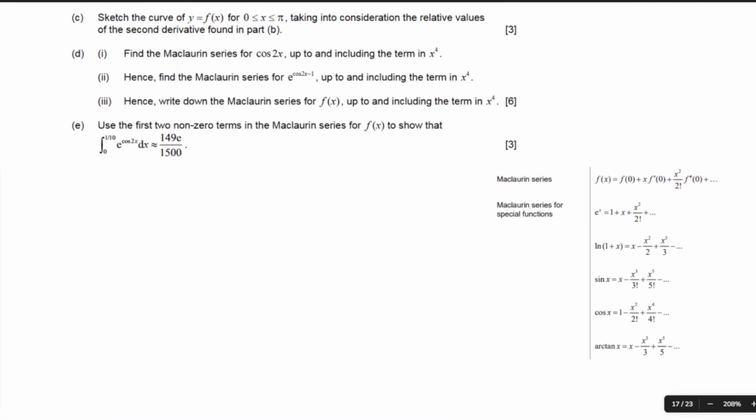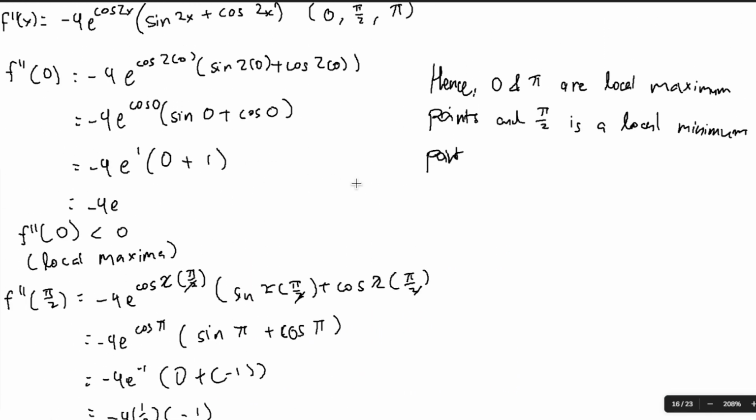All right, so this is our conclusive statement that would give you full marks.